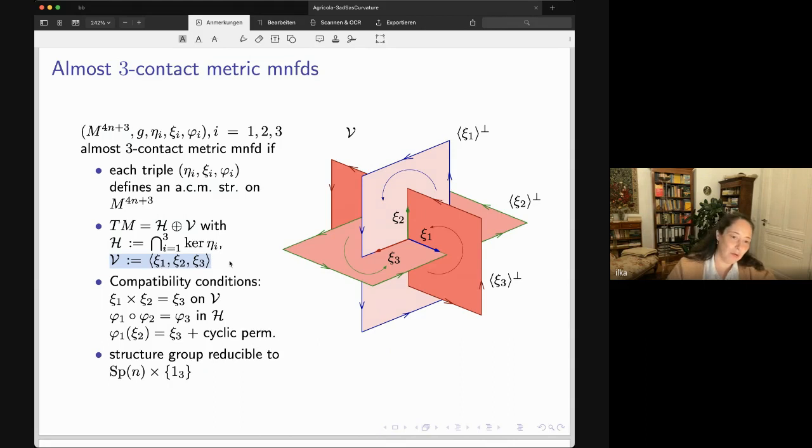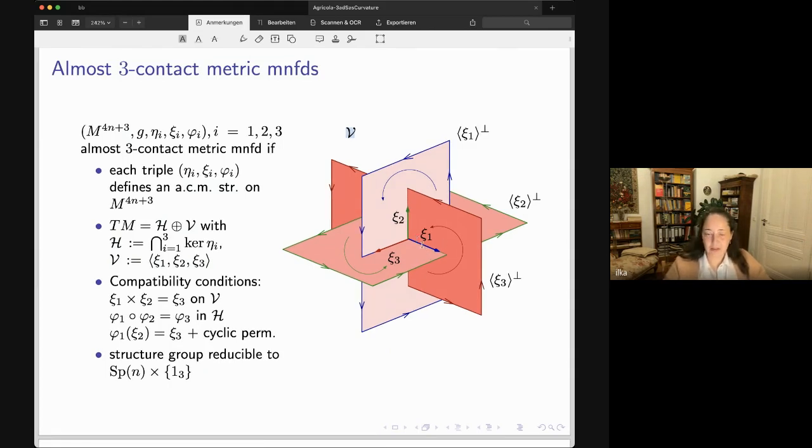And the way to look at it is basically the following. So this is a subspace. The tangent space is 4n plus 3-dimensional. And on the picture, I'm only showing the vertical part, which is 3-dimensional, so I can actually draw it. And I try to draw the three vector fields psi_1, psi_2, psi_3, which are just the three Reeb vector fields of these three contact structures, and they are orthogonal.